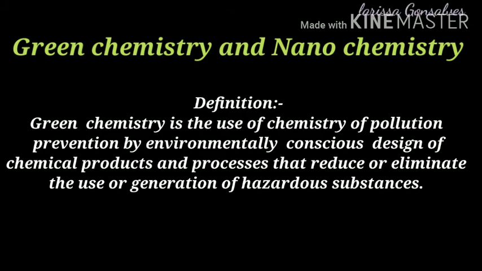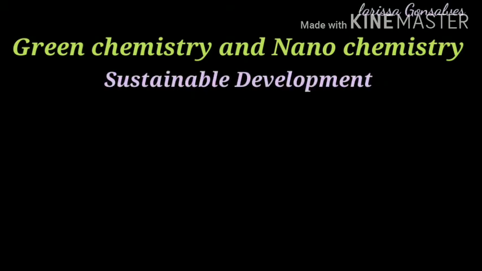Before moving on to study the 12 principles of green chemistry, we need to know what is sustainable development. Green chemistry plays a very important role in sustainable development, which means we can achieve sustainable development only if we adopt the 12 principles of green chemistry. What is sustainable development?